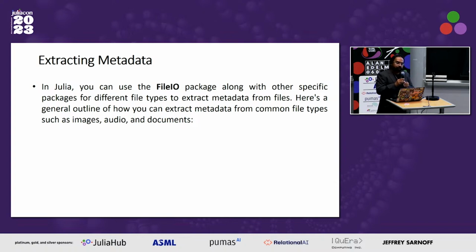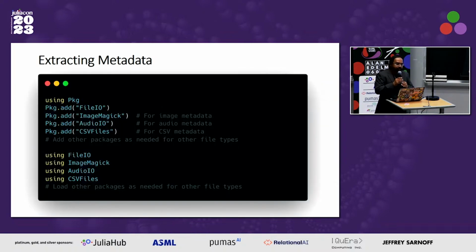For this in Julia, you can make use of the FileIO package along with specific other packages for extracting image information, audio information, video information, and document information. Consider this here. You have to install these packages, that is FileIO, ImageMagick, AudioIO, and CSV files.